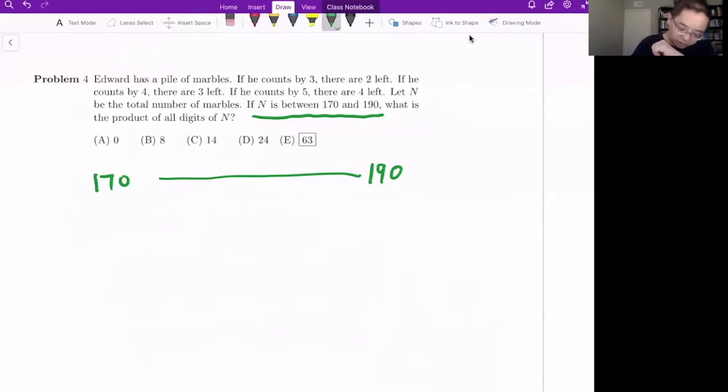Now, one way you can do this is brute force. Here we have 21 numbers, and we check one by one to see which one works. Well, you can do that, or we can do a shortcut.